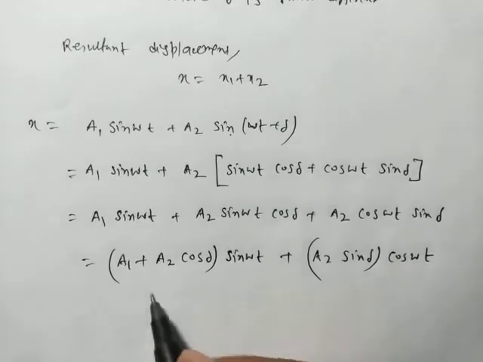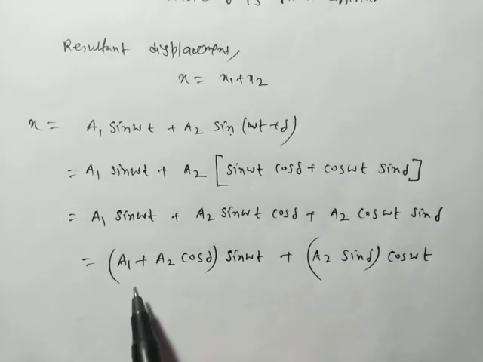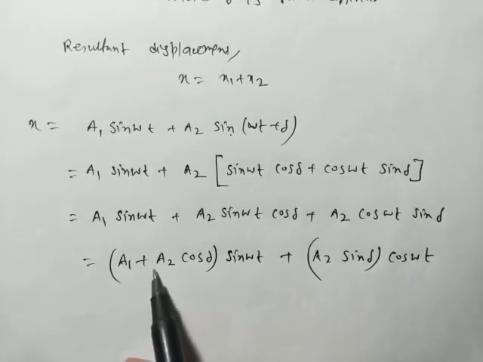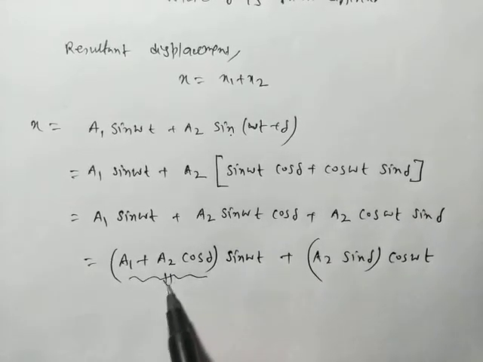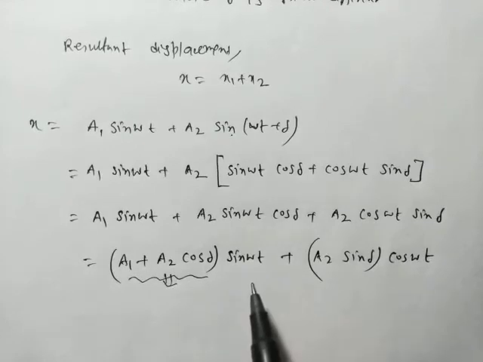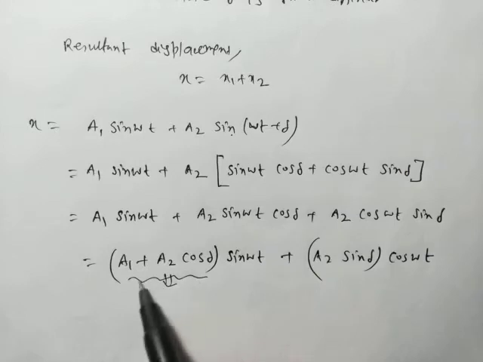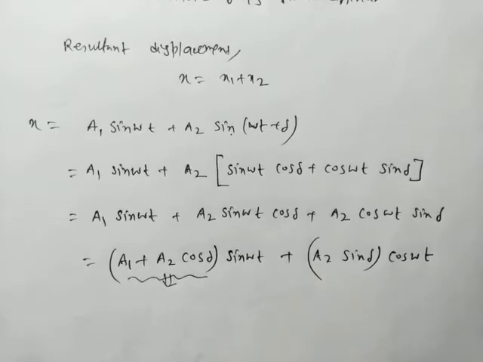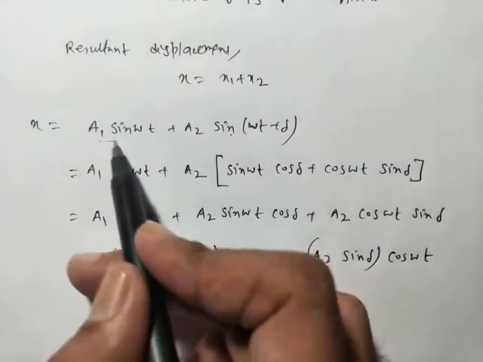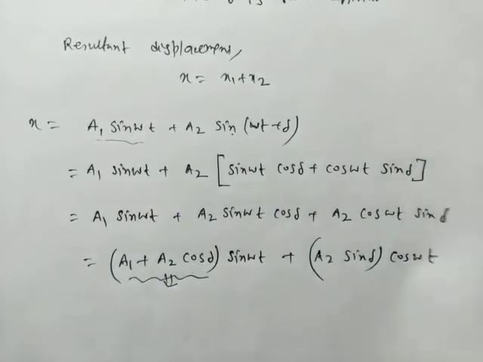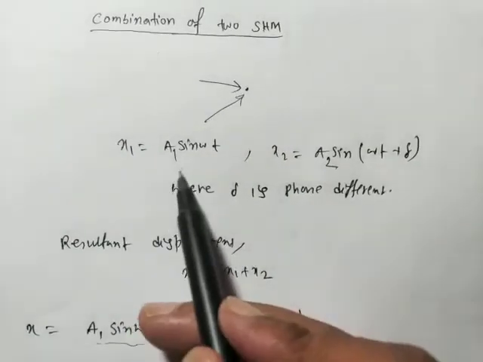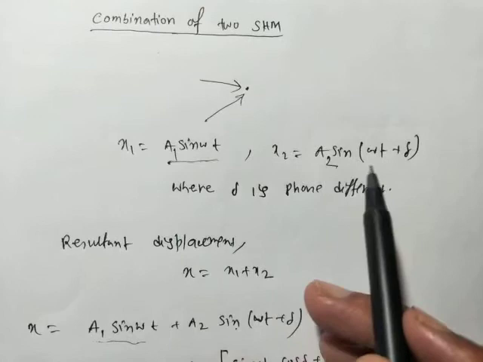Here a1, a2 and delta are all constants, so we can put these constants as other constants to get a well-known form. This is always correct, but we want the form like the individual displacement, which I have taken as a sin(omega t plus delta).